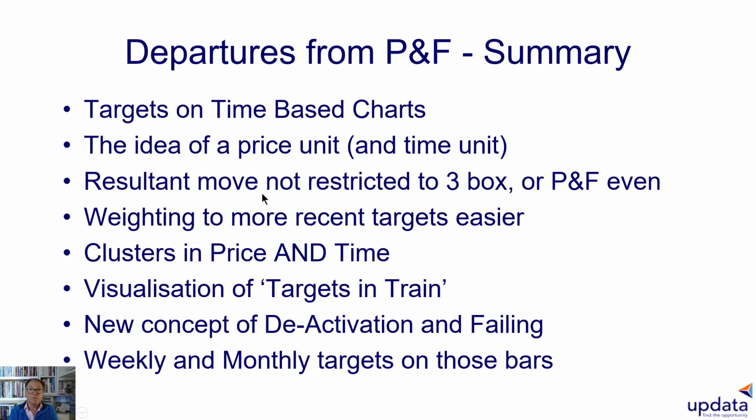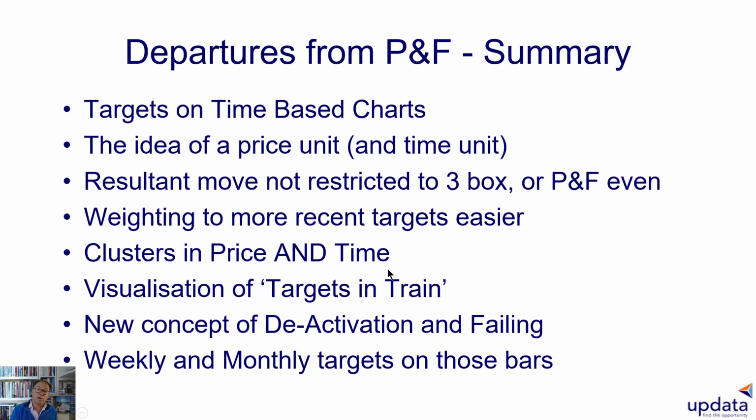The reversal move is not restricted to 3 boxes, or point and figure even. You could have a pullback of 2 boxes, 2 units, 1 unit even if you wanted, but you'll get many more targets. And then weighting towards the more recent targets, so you see on the time-based charts those more recent targets more clearly.